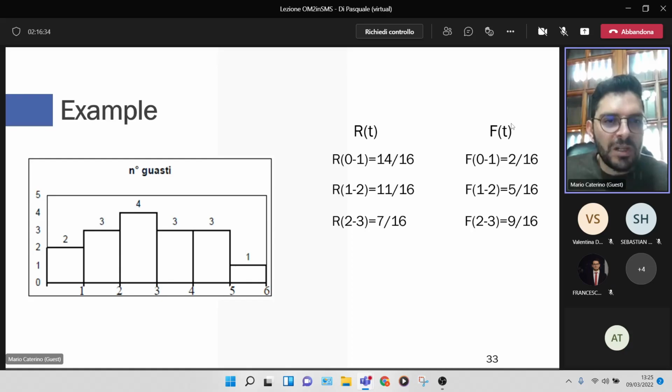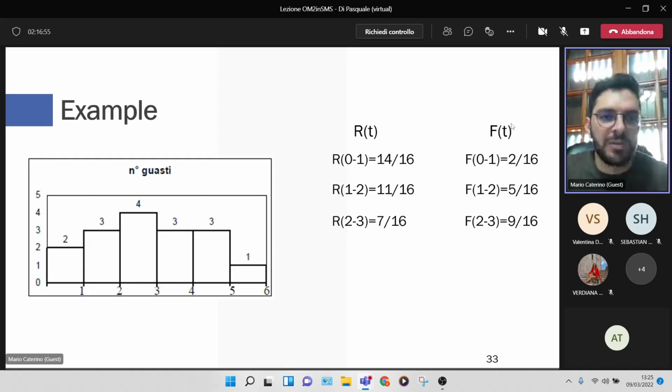We always need to look at the still working components on the total population for the reliability, and the failed components on the total population for F of t.